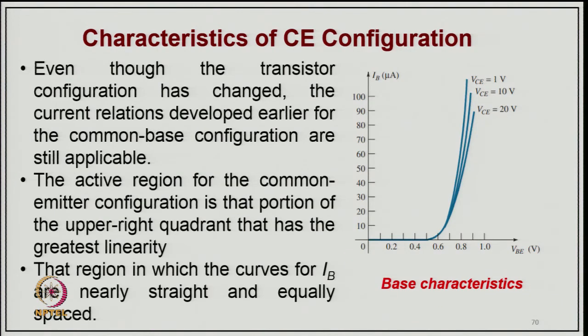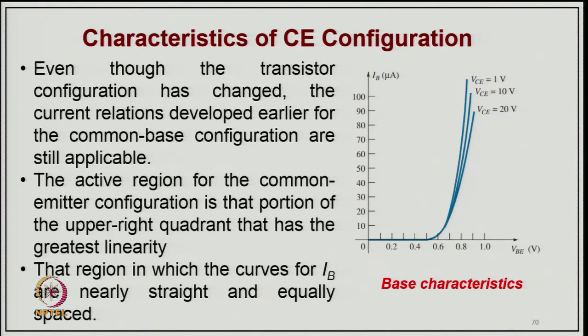This is typically the base characteristic, where you have a base current and VCB, for different levels of VCE voltage. Even though the transistor configuration has changed, the collector current relations developed earlier for the common base configuration are still applicable.